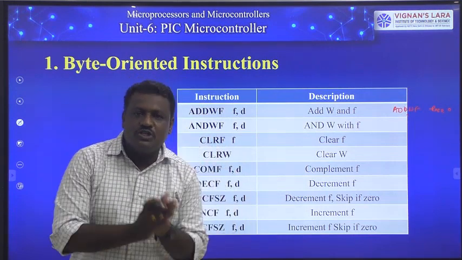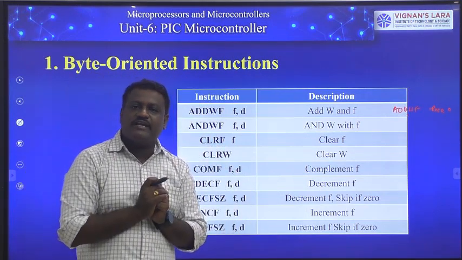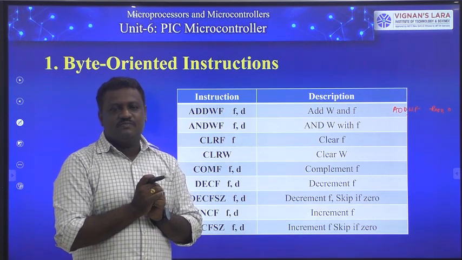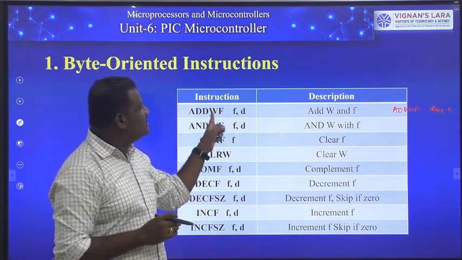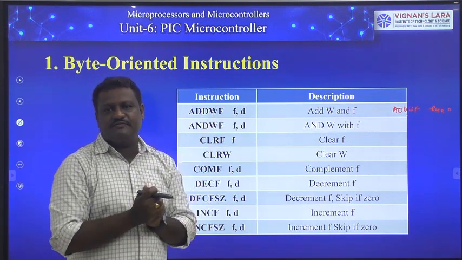Once D is equal to 0, our result is stored in the working register W. So the meaning of ADDWF is add the working register W with the file register F.